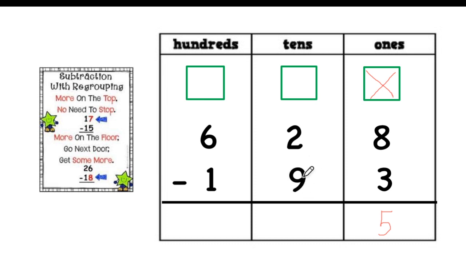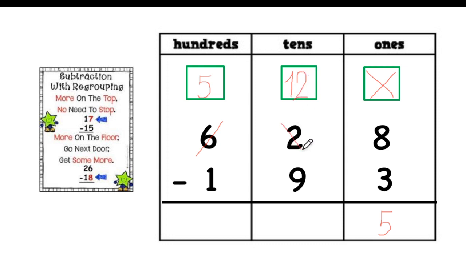9 is greater. If the number on the floor is more, then borrow from the next door. I'm going to borrow 100 from 600s. They will give me 100 here. So, if they will give me 100 from here, they will have only 500s left, because 6 take away 1 means 5. And because they give me 100, I will have 10 tens plus 2 tens equals 12 tens.